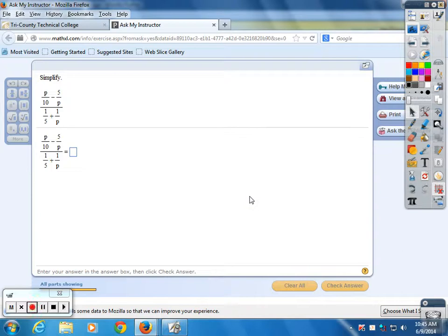I'll blow it up where everybody can see it. P over 10 minus 5 over P over 1 over 5 plus 1 over P.